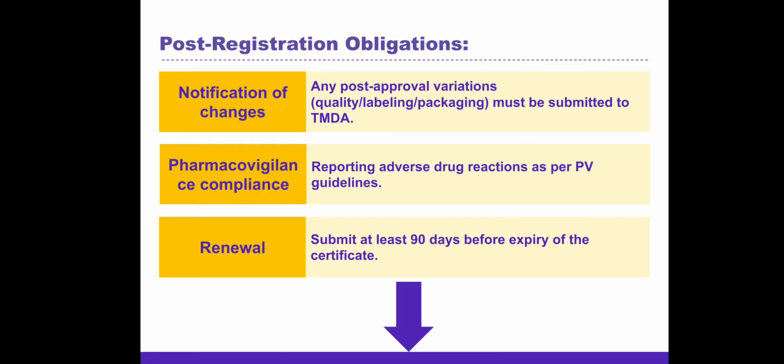Also, we have to comply with all the basic requirements of pharmacovigilance. Nowadays, all the regulatory authorities are asking for pharmacovigilance compliance, and TMDA is very good and stringent in pharmacovigilance compliance. Means we have to report adverse drug reactions as per the PV guideline.